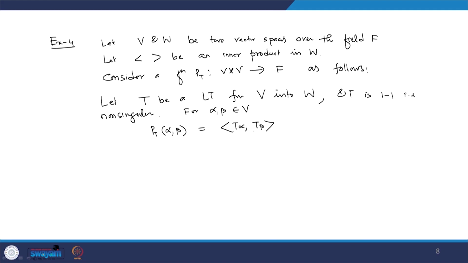I am defining a function PT from V cross V to F, which maps any ordered pair of vectors of V to a scalar quantity, the inner product of T alpha, T beta, which belongs to F, because this inner product is given in W, so I can define it like this.